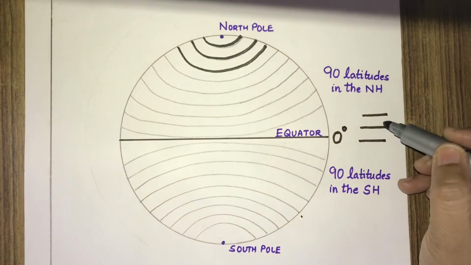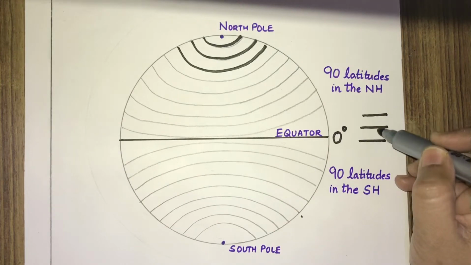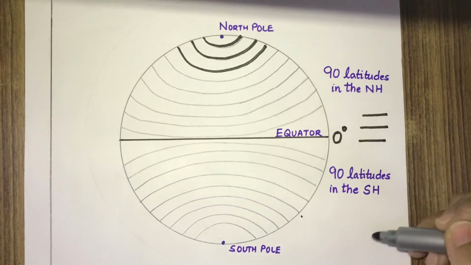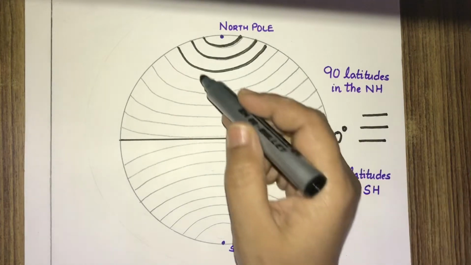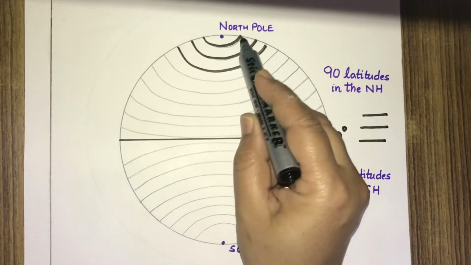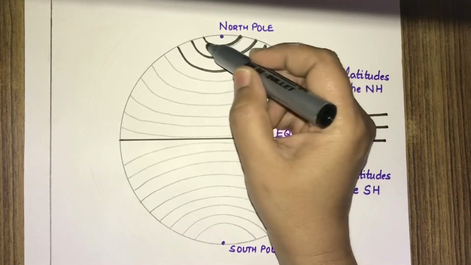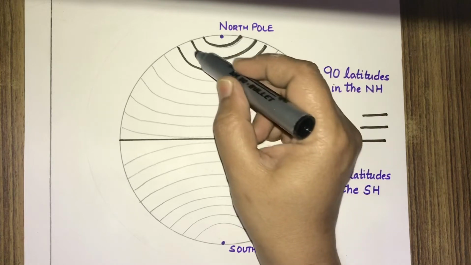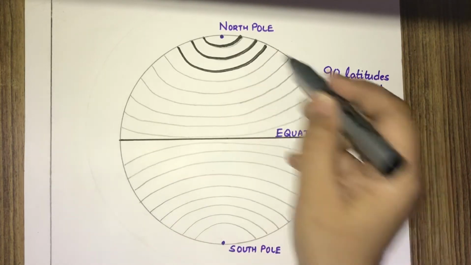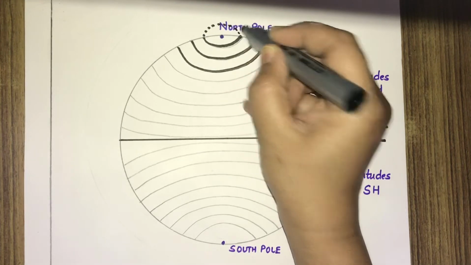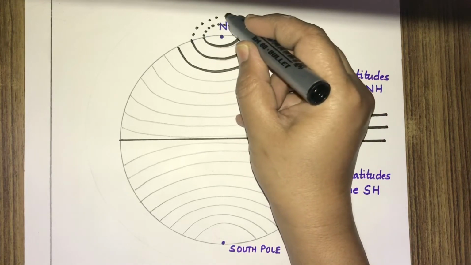Parallel lines are those lines where the distance between two lines always remains the same and these lines will never meet each other. So similarly, we are drawing circular imaginary lines on the globe. You are seeing only half of it because you are seeing one part of the globe. The other half of the circular line will be like this.